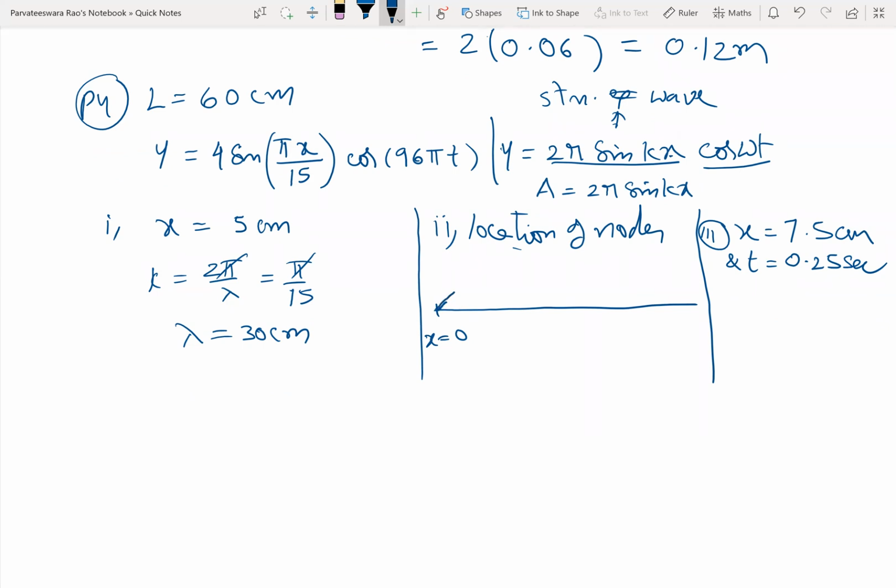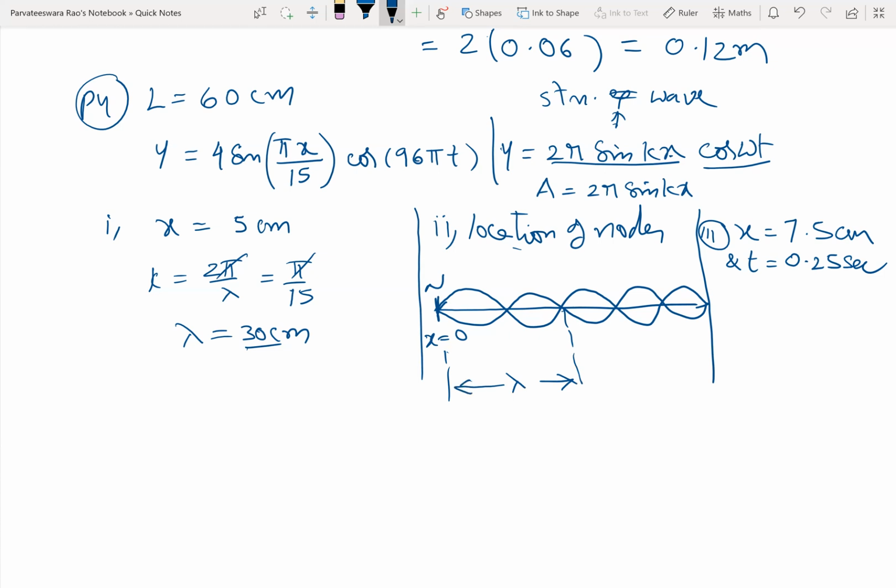I discussed it specifically. The equation of the stationary wave with nodes at origin is 2r sin kx cos omega t. So here x is equal to 0, we have the node. Wavelength means what is the distance? Distance between alternate antinodes or nodes is wavelength.